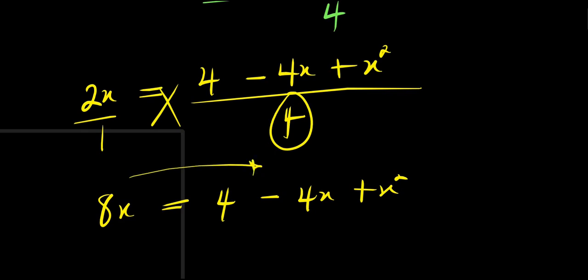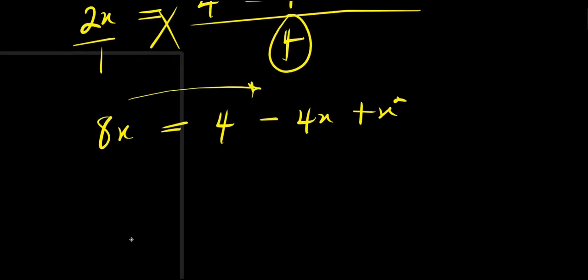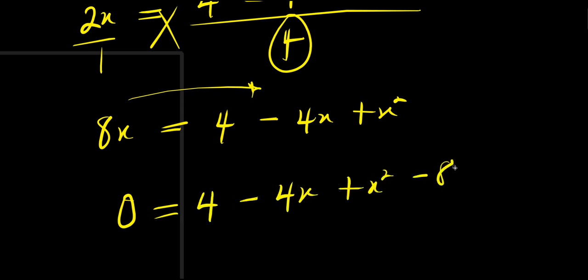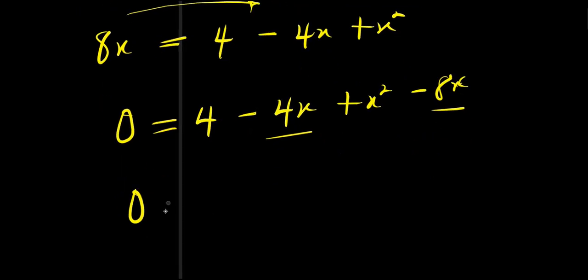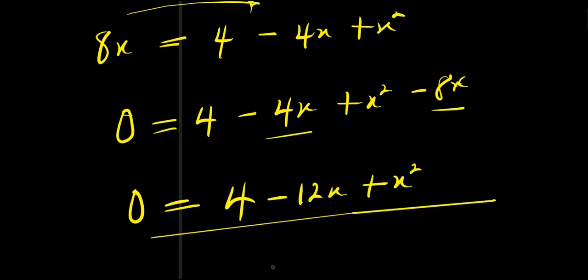Move this over here. I have 0 equals 4 minus 4x plus x squared minus 8x. So minus 4x minus 8x, that's negative 12x. I have 0 equals 4 minus 12x plus x squared.